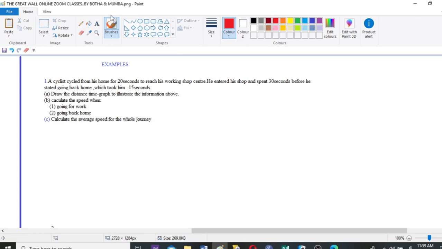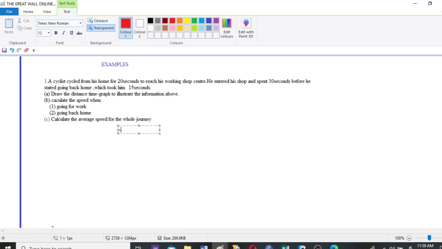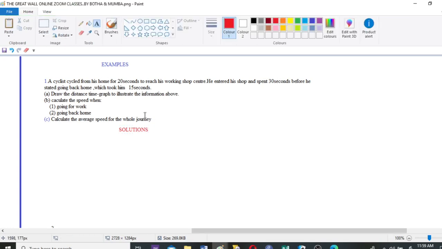So let's have our solutions here. We need to draw this distance time graph. Remember, we are dealing with distance on one side.